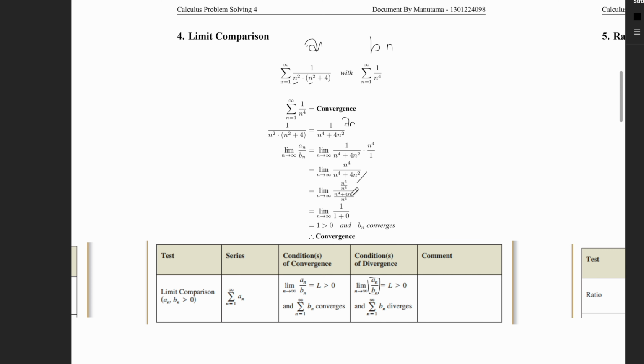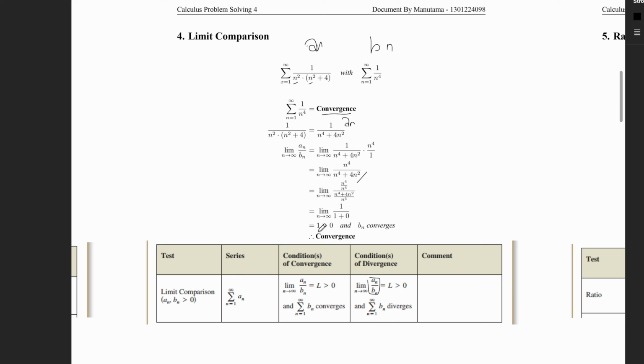So 4 over n squared as n goes to infinity is basically 0, because it's 4 over infinity. So we know the limit is 1, which is bigger than 0, and we know this is convergent because in n to the p, p is 4, and p is more than 1, so it is convergent.